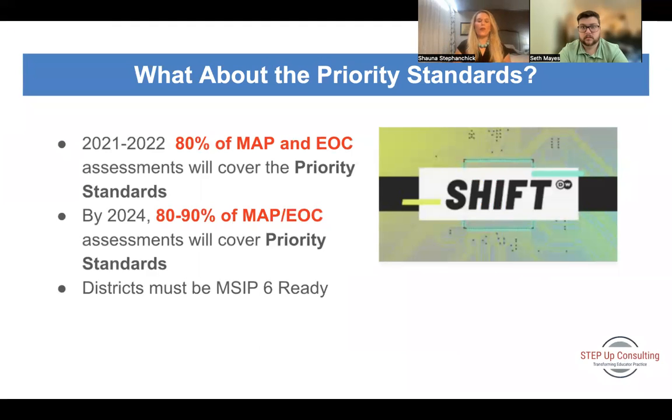Then there's the other why of high quality assessments are so essential for schools to be thinking about right now. We know with the shift to the new priority standards that by 2024, 80 to 90% of all of our MAP and EOC scores are around those priority standards. And not to be standard or assessment focused, but we know that's how we're going to be graded as schools.